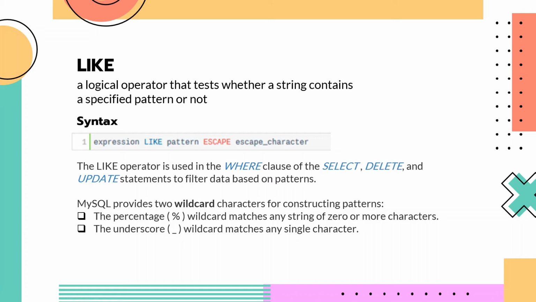The percentage wildcard matches any string of zero or more characters, and the underscore wildcard matches any single character. So if we use percent, we can use it for zero or more characters, but if we use underscore, we can only use it for a single character.